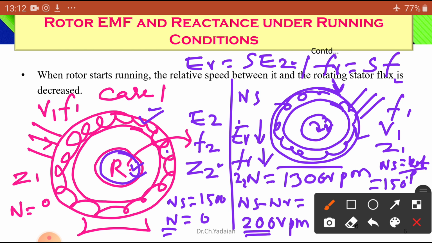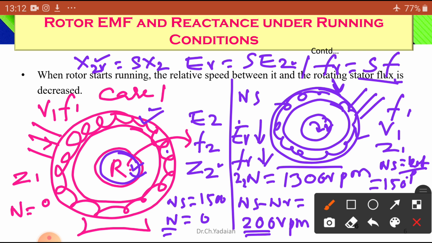Okay. Now at the same time, what about X2? X2R is equal to S into X2, which is equal to omega L, omega being 2 pi F. The frequency changes, so automatically this value also changes.